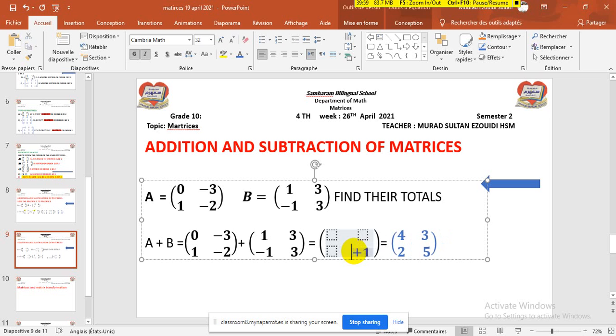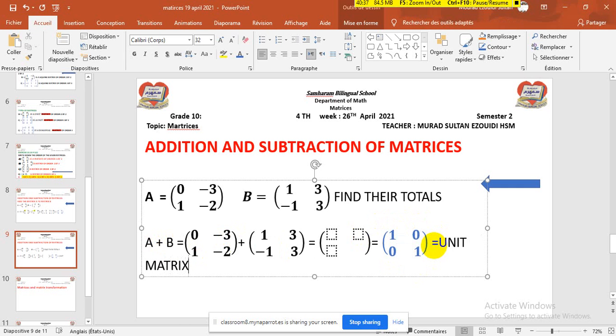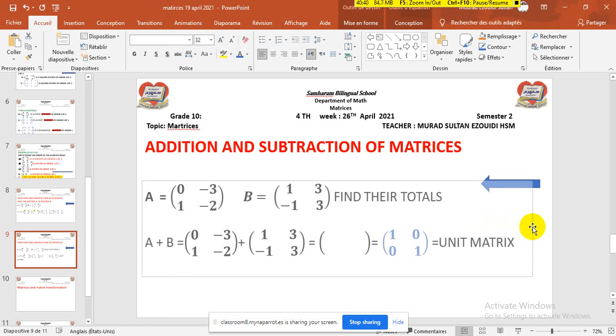Here I will write 1, here 1, this is 0, this is 0, and this is 0. Yalla, my daughters, work quickly and check that the total of these two matrices is equal to the unit matrix.